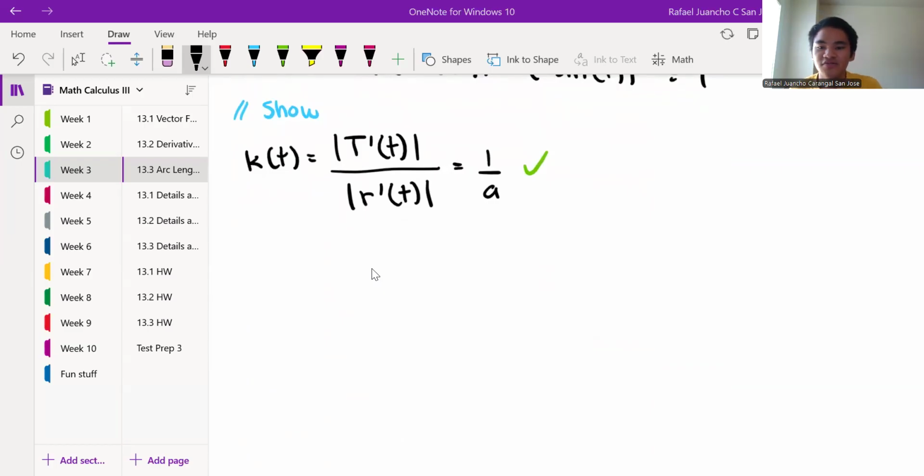So the result of example 3 shows that small circles have large curvature. And I agree. Why? Because a circle, you keep on going around, and so the direction that's changing is much faster. And larger circles have small curvature because it takes a longer time to change its direction.